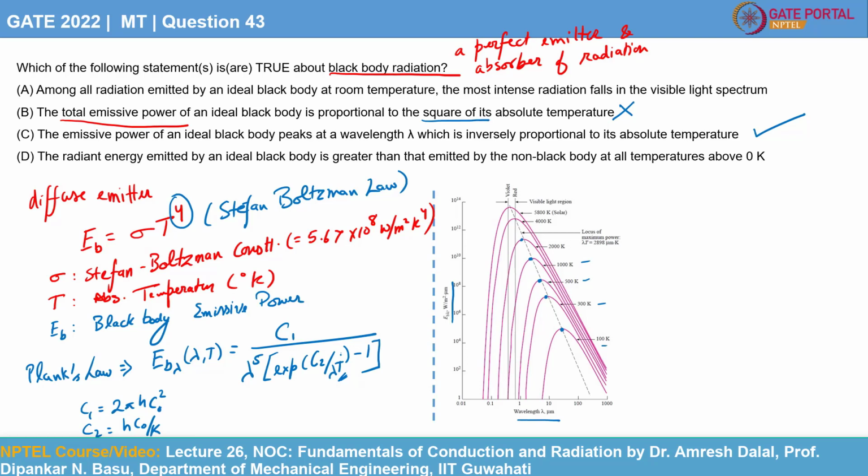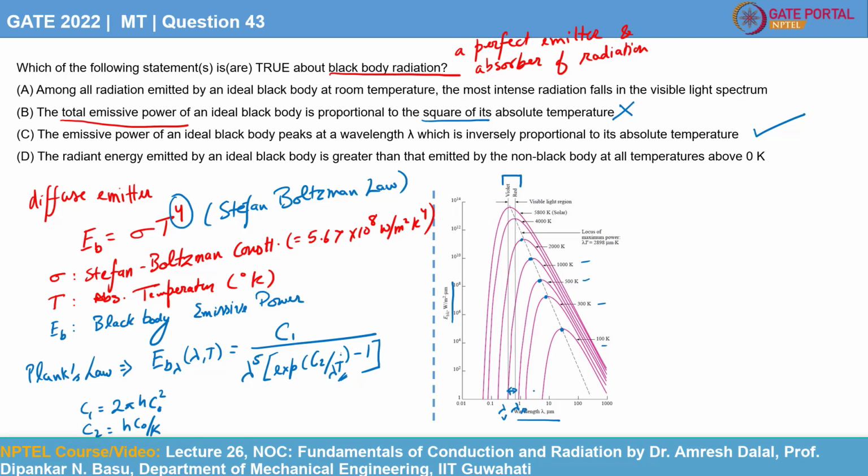Look at option A. Among all radiation emitted by an ideal black body at room temperature, most intense radiation falls in the visible light spectrum. The answer lies in the curve itself. Here the visible region is violet to red. This is the lambda for violet, this is the lambda for red.